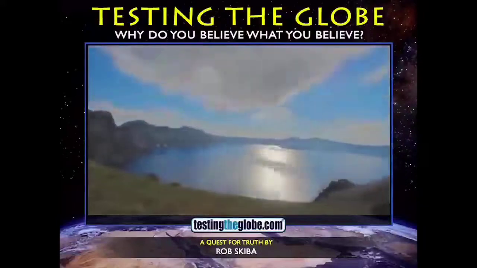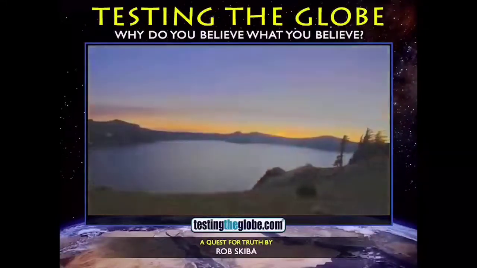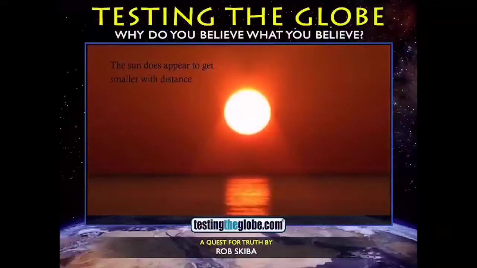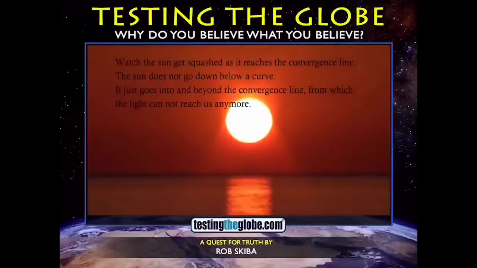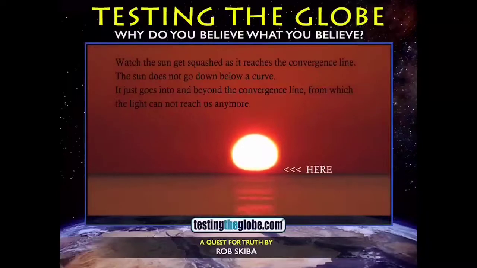Other videos you've seen where it looks like it's going in an arc like that and going off into the distance. Other videos where people have used filters and analyzed the sun moving and measured pixels across the screen, showing that it does in fact look like it gets a little bit smaller in some cases.